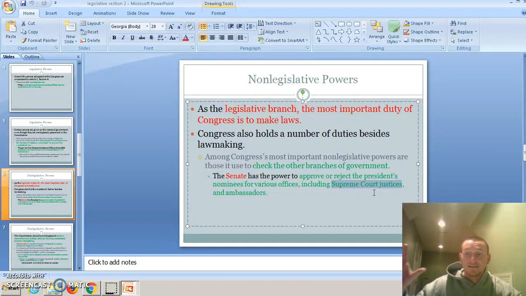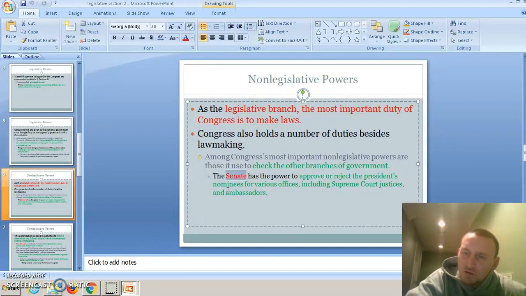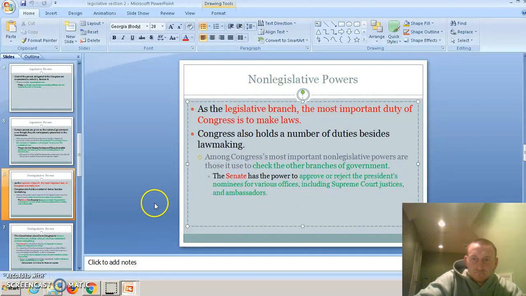So say our president nominates this person for Supreme Court. Well, our Senate has to approve it. Well, if the president is Republican and the majority of the Senate is Democrat, do you think they're more than likely going to approve it? No. Okay? Usually they have to go hand in hand.